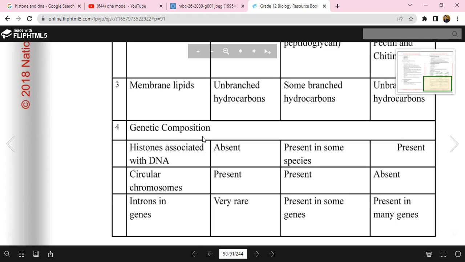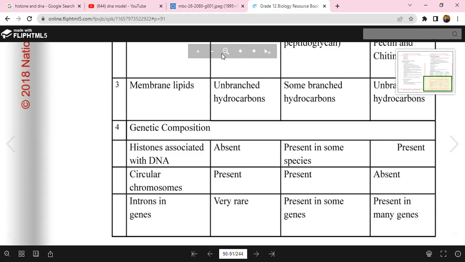Next, what kind of chromosomes? Circular chromosomes. If you take a chromosome, that's an important thing to tell you.